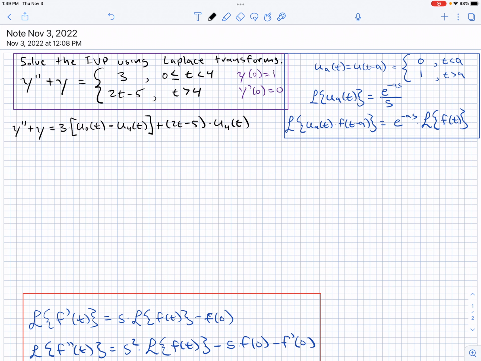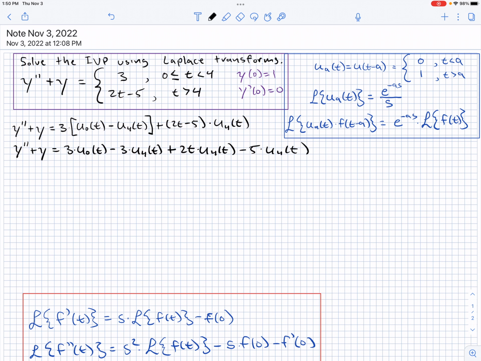Now we have to do some manipulation potentially. So we will distribute some terms. 3 times u sub 0 of t minus 3 u sub 4 of t plus 2t times u sub 4 of t minus 5 u sub 4 of t.